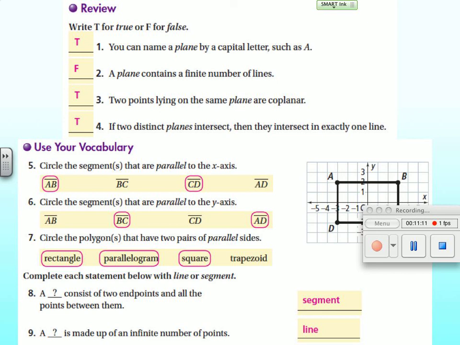I lied because some of you unpaused the video and you're already looking at the answers. That's why I haven't shown them to you yet. Make sure you pause that video. So pause the video, do the answers, and then I'll come back and give them to you.